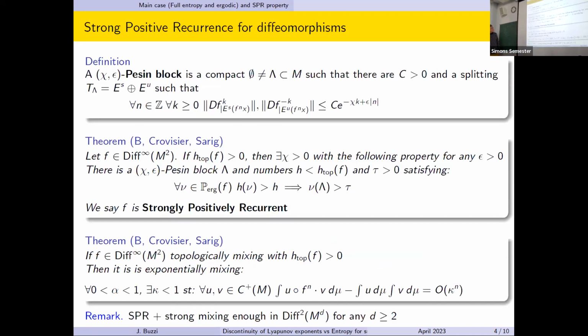And then this led us to the notion of strong positive recurrence for diffeomorphisms. I say for diffeomorphisms because it was a notion introduced by Gurevich and then Sarig for countable state Markov shifts.